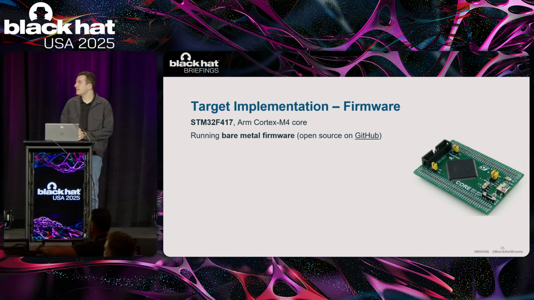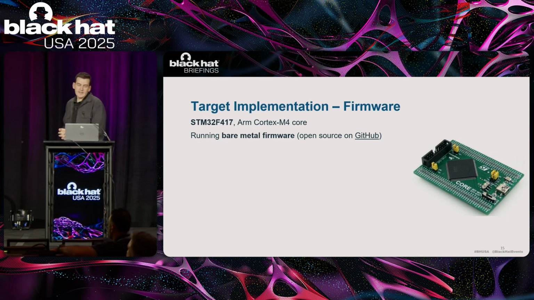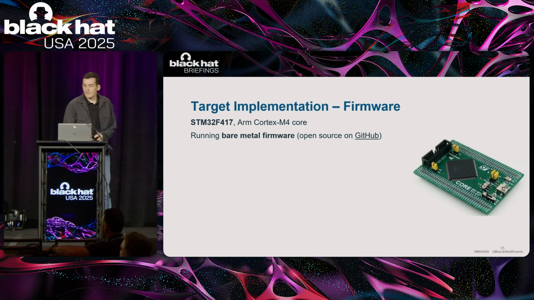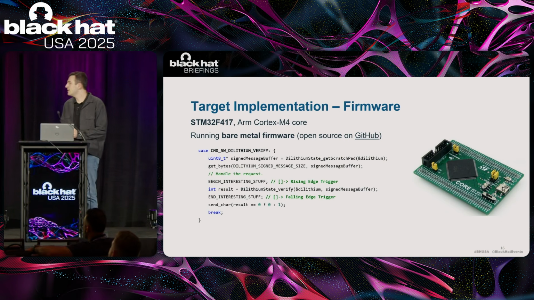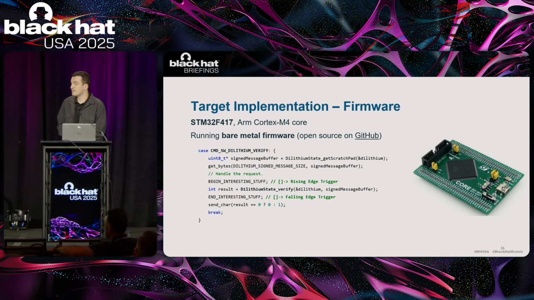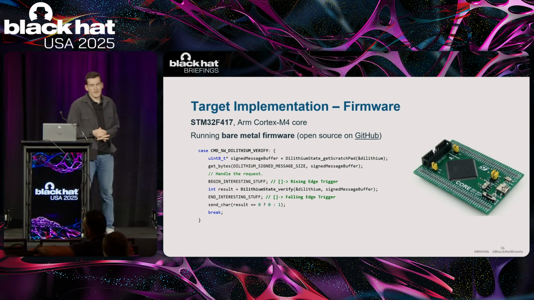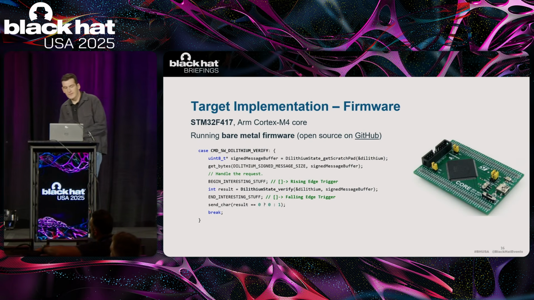For the device, the firmware is running on the STM32F4, and it's bare-metal firmware. In a big main loop, it has different cases, and in these cases you can call different software and hardware implementations.